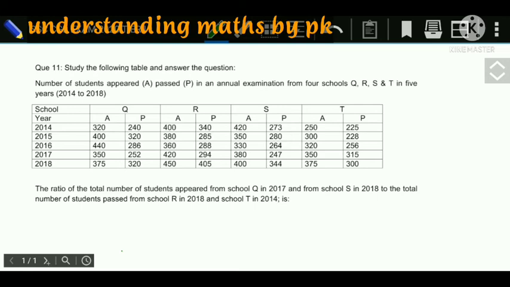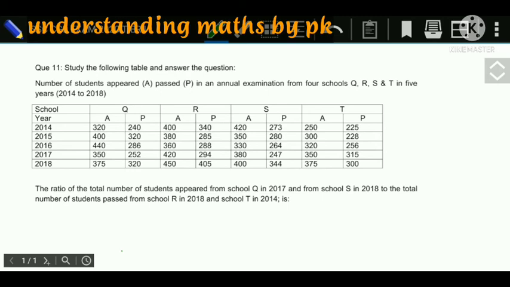Data is given in the table. The ratio of the total number of students appeared from school Q in 2017 and from school S in 2018 to the total number of students appeared from school R in 2018 and school T in 2014 is. So here ratio is asked.